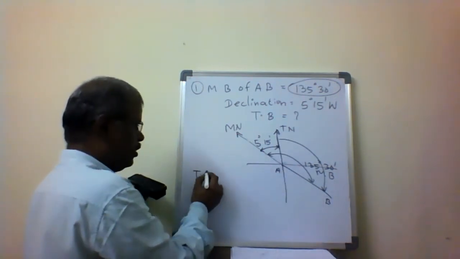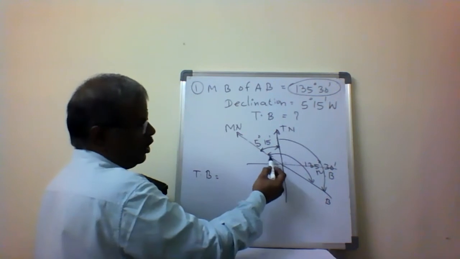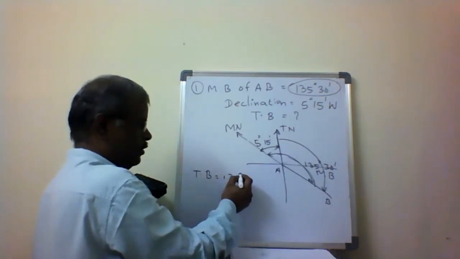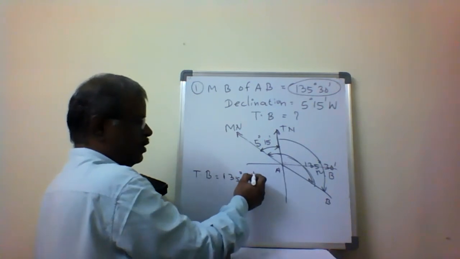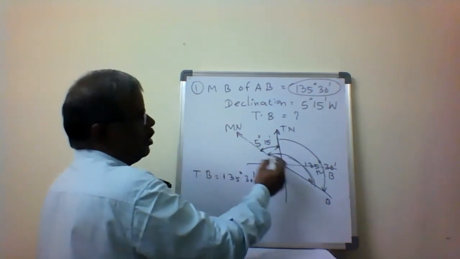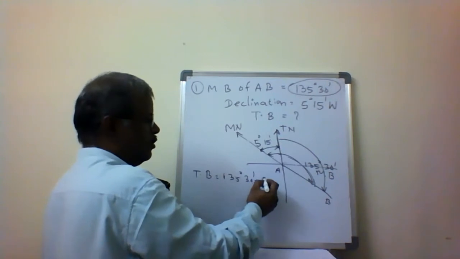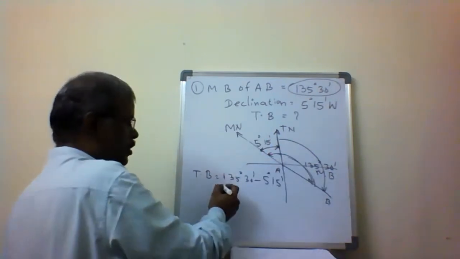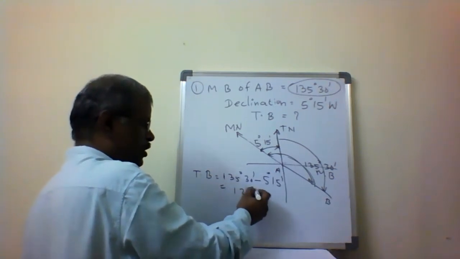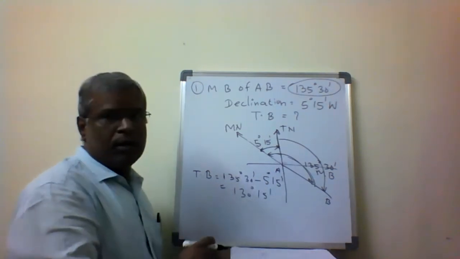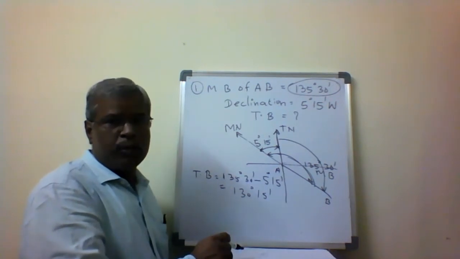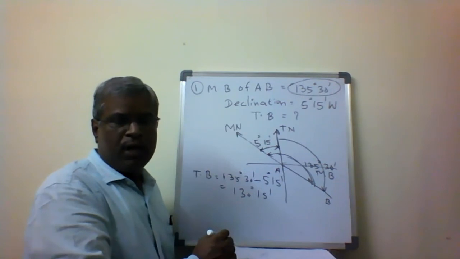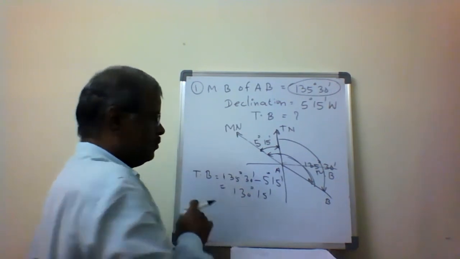So true bearing equals the magnetic bearing 135 degrees 30 minutes minus the declination 5 degrees 15 minutes, so I get 130 degrees 15 minutes. Here also we get the same answer when we draw the diagram and calculate the true bearing from it.